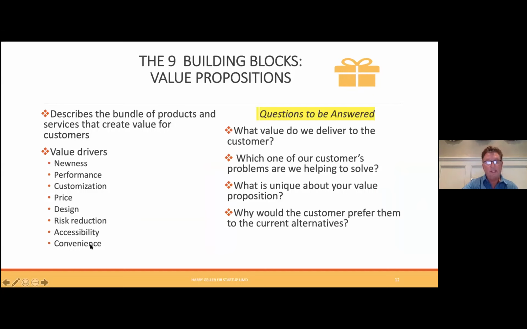And is it convenient? Those are all value drivers for your product. So the question to be answered: what value do you deliver to the customer? Which one of the customer's problems are you helping to solve? What is unique about your value proposition? And why would the customer prefer your value proposition to the current alternatives?